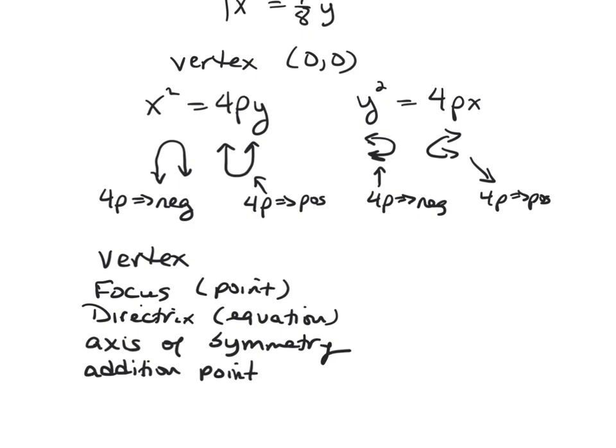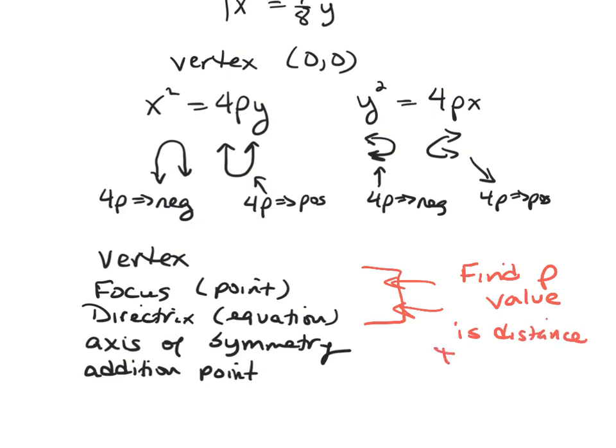Now, in order to find this ordered pair for the focus and this equation for the directrix, we need to find the p-value. Because remember, your p-value is the distance that the vertex is from the focus and your directrix.